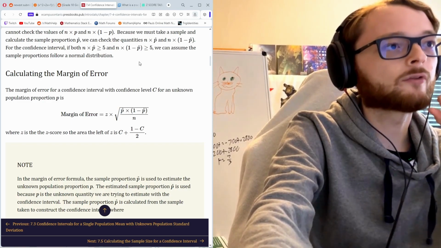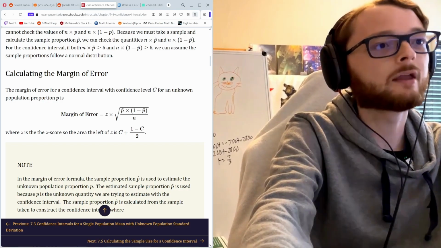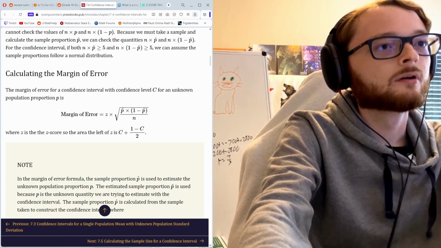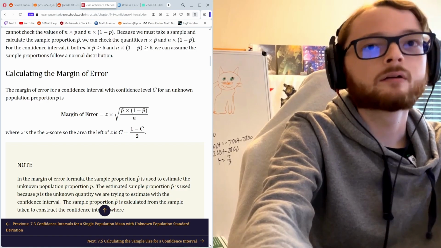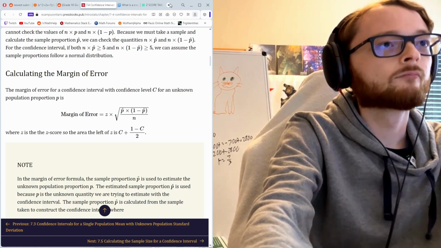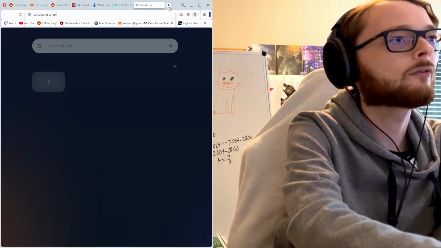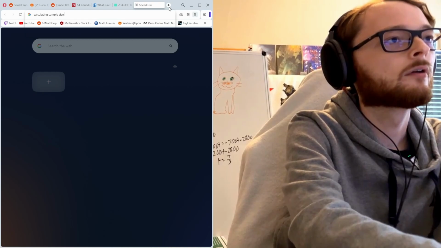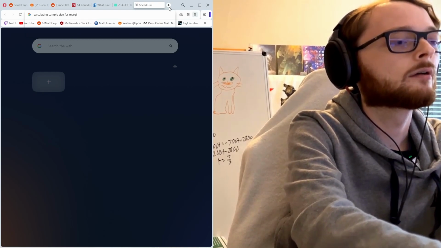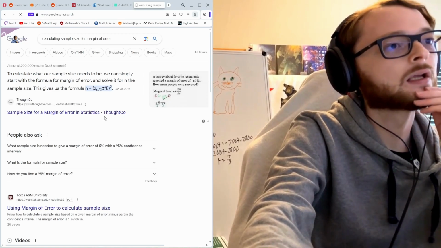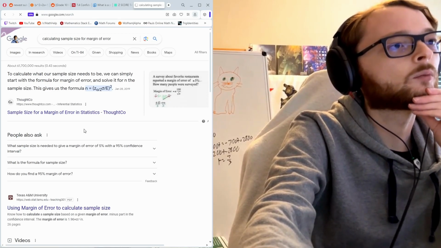I should look this up too, because it has been a minute since I've done these. I really don't want to give bad information. Calculating sample size for margin of error. Hopefully this gives me what I want.